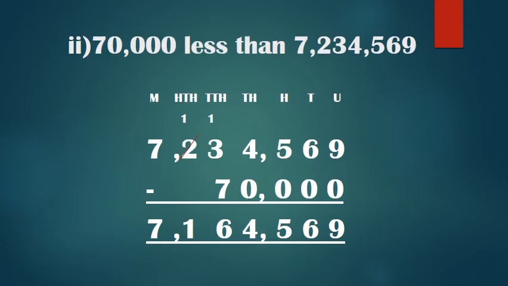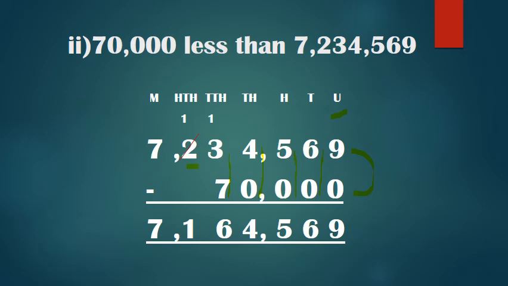Here is another example. So let's start subtraction. Where do we start subtraction? We start subtraction from the units place. We can easily subtract 0 from 9, 0 from 6, 0 from 5, 0 from 4, but we cannot subtract 7 from 3. So we will borrow 1 from 2.